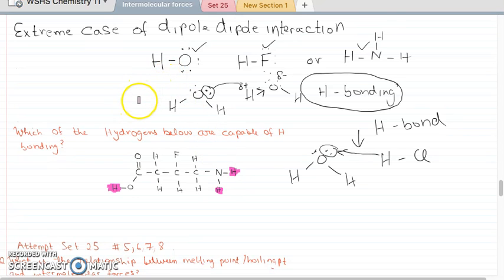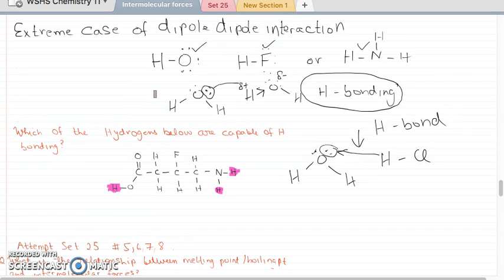Now, hydrogen bonding by itself is the most important concept that you learn about in intermolecular forces. When you go on to organic chemistry in year 12, if there are 10 questions asked from hydrocarbons, 6 of them would require an understanding of hydrogen bonding.